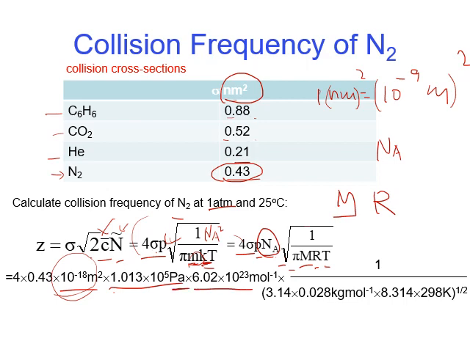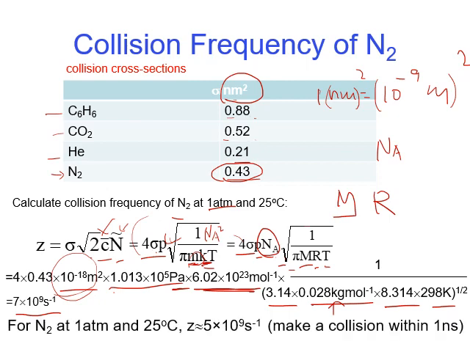And then Avogadro's number, 6.02 times 10 to the 23 per mole. Square root of pi times molar mass. Remember, molar mass must be in kilograms in SI units, so 0.028 kilogram per mole. Gas constant and temperature under the square root. What we get is 7 times 10 to the 9th per second, and that's the collision frequency.